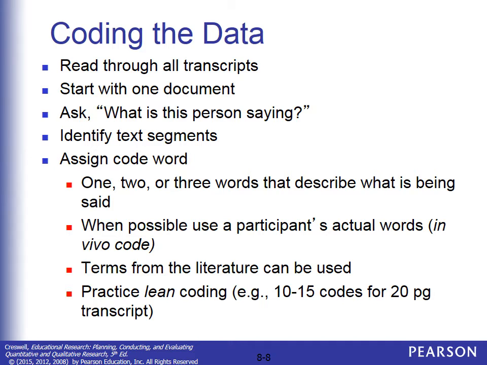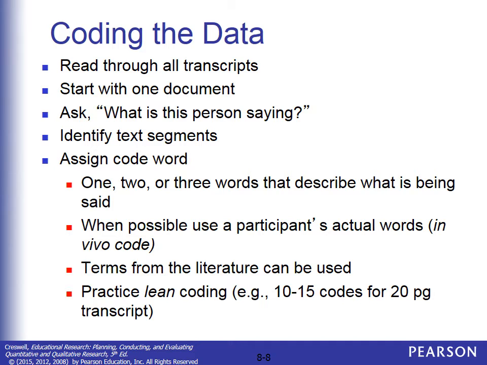And codes can address many different topics, such as the setting and the context, the perspectives held by participants, the participants' way of thinking about things, processes, activities, strategies, relationships, or social structures.